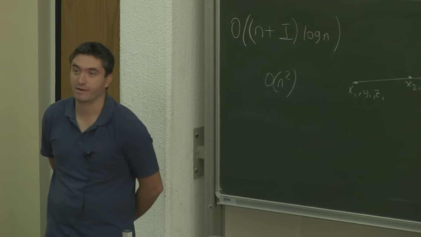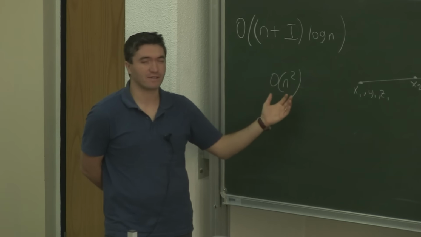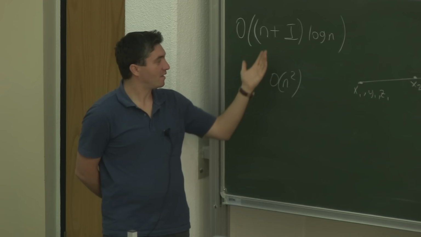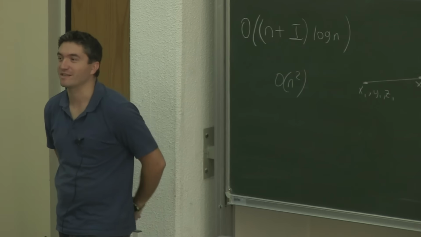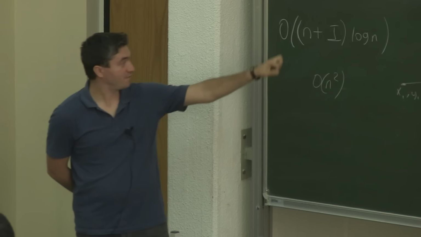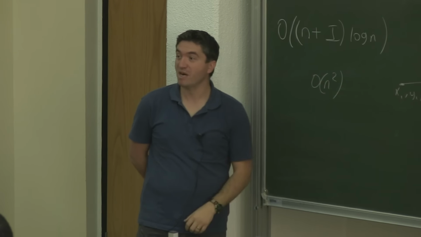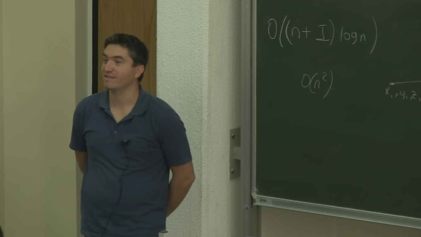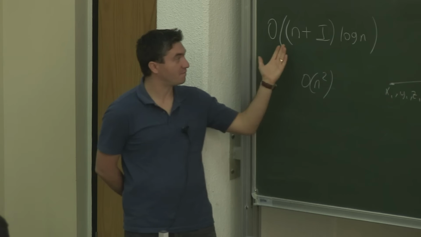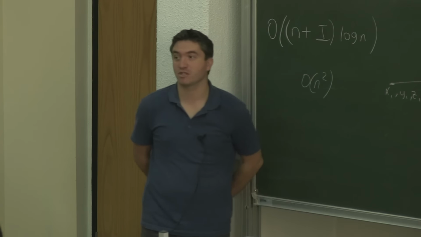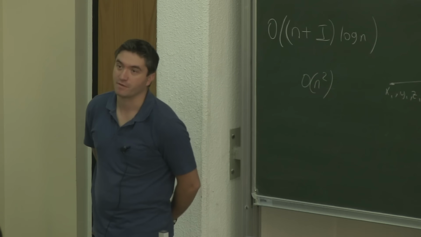So if there are n squared intersections between your line segments, you are going to have n squared log n complexity here. But if the number of intersections I is much less than the number of line segments themselves, then you are going to have an n log n algorithm instead of an n squared one.